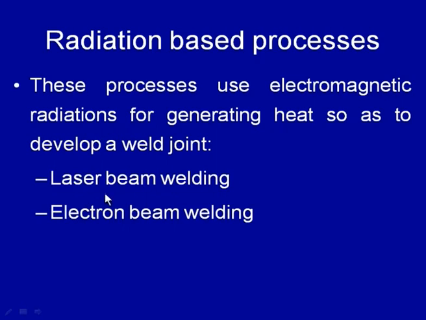Here it is important that the beam diameter plays a significant role in bringing the edges of the components to be joined to the molten state. So, if the beam diameter is very small, then the gap between the plates to be joined has to be very fine, and the edges of the plates must be straight, otherwise the beam will pass through the gap between the plates.